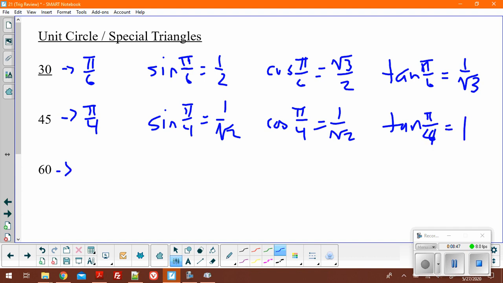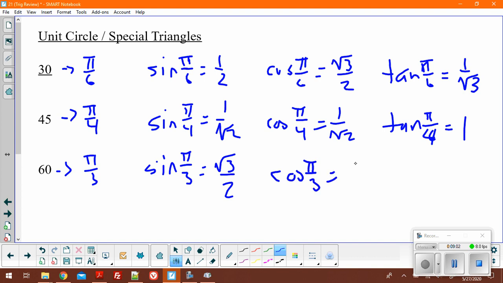And for 60 degrees, which is pi over 3, sine of pi over 3 is root 3 over 2. Cosine of pi over 3 is 1/2. And tan of pi over 3 is equal to the square root of 3.